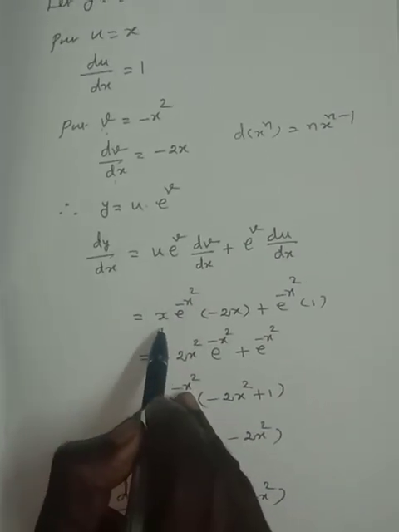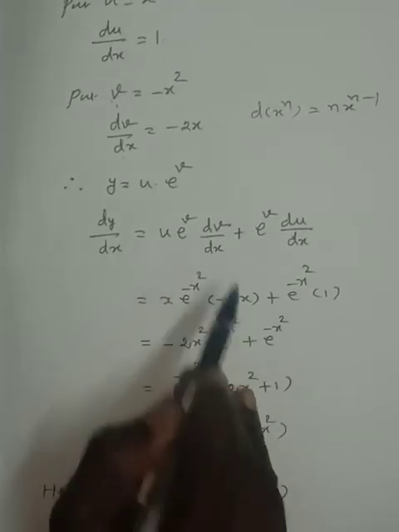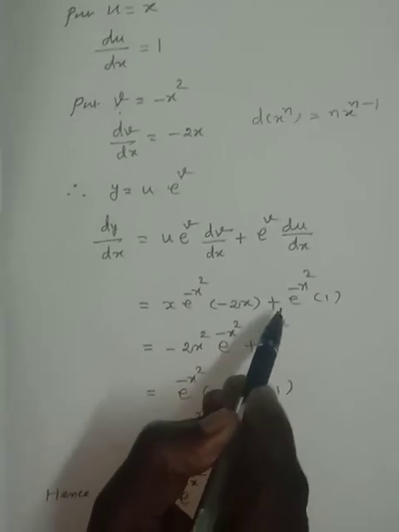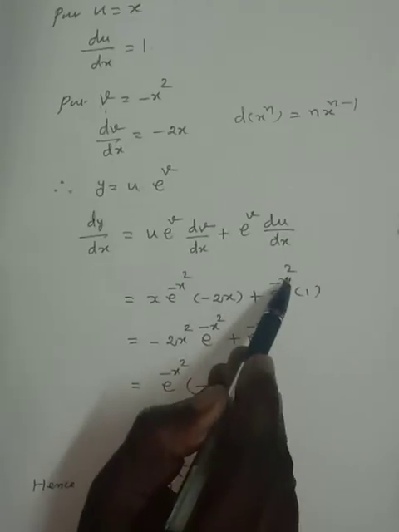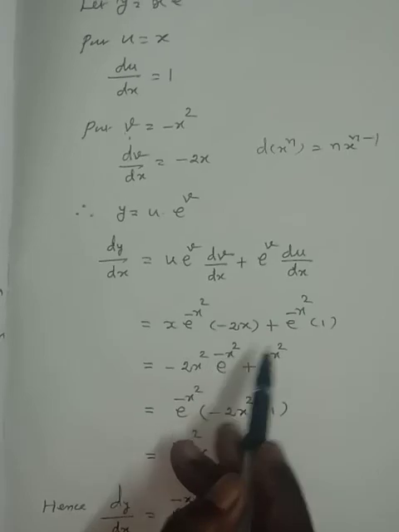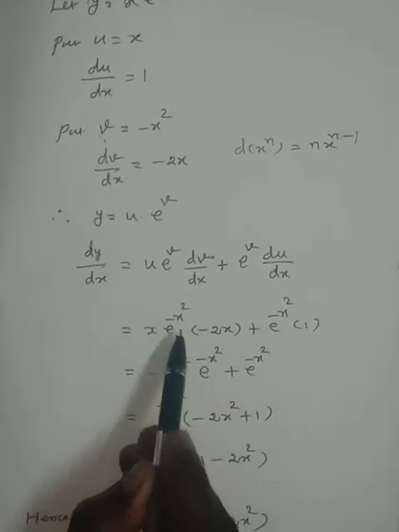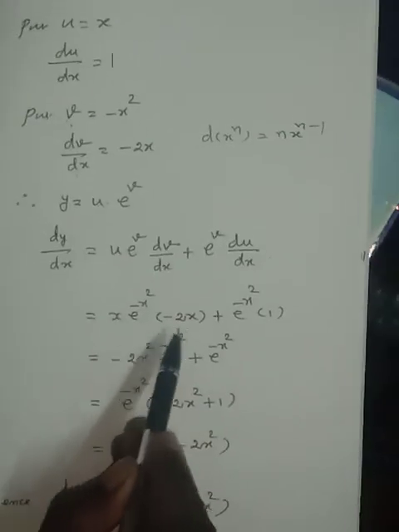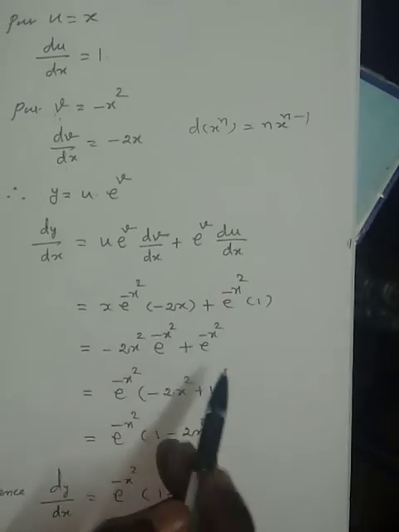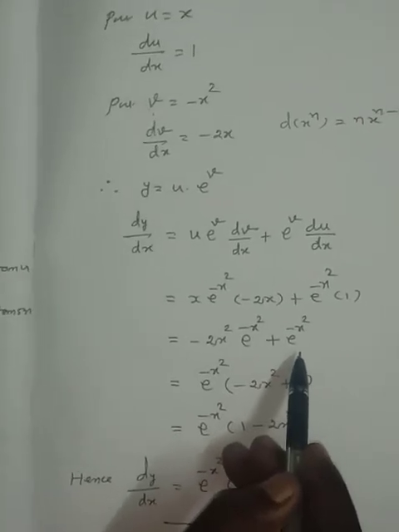U is x, e to the power of v is e to the power of minus x square, dv by dx is minus 2x, du by dx is 1. Therefore x into e to the power of minus x square into minus 2x plus e to the power of minus x square.